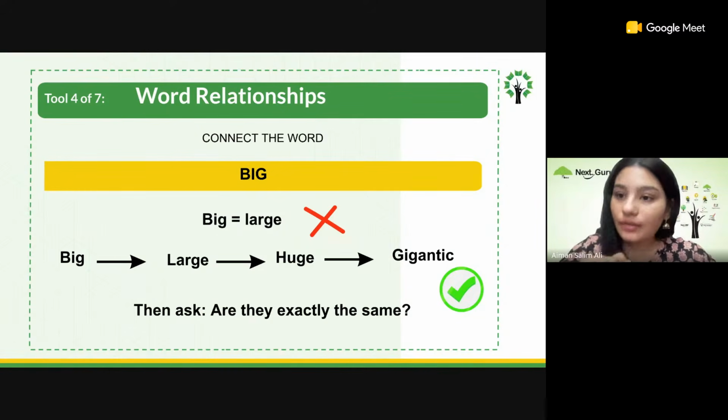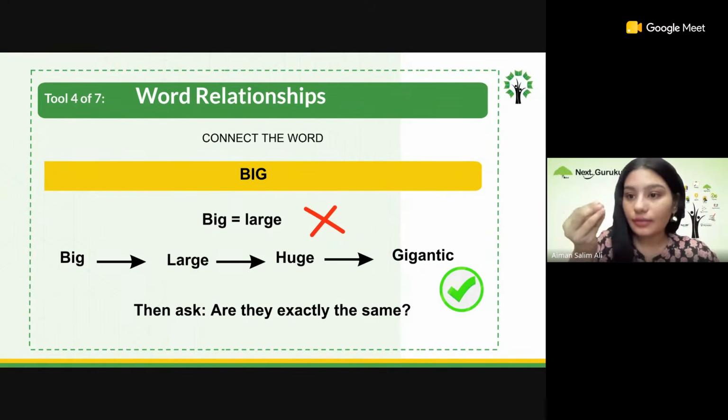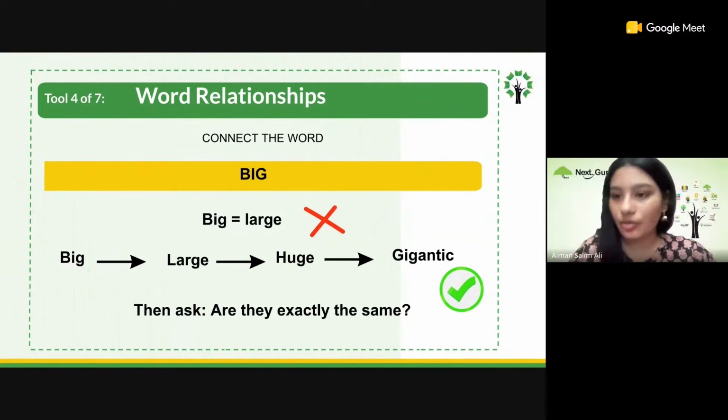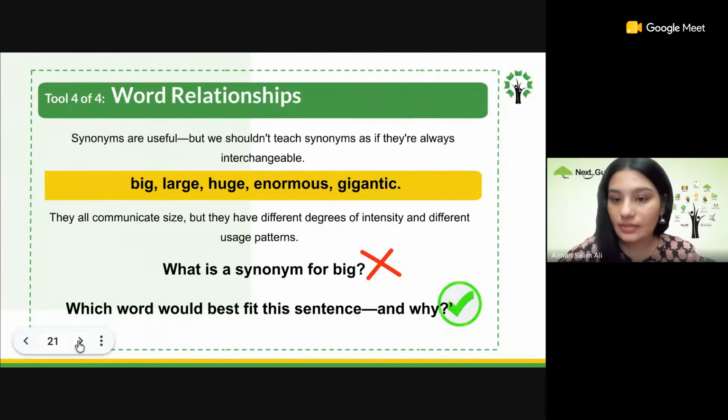It helps our students not to have many words for one word, but to understand the meaning of the different synonyms and how they are different from each other, so that they can use appropriate words in appropriate situations. Okay, I'm going to move to the next screen and we are going to understand it better.